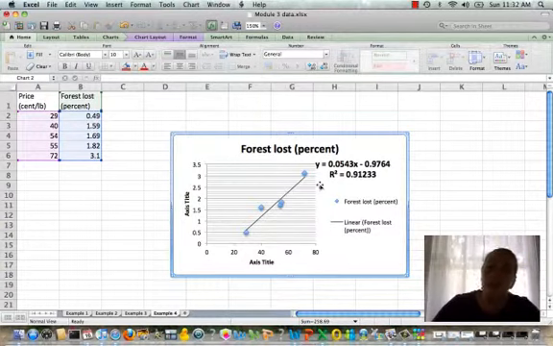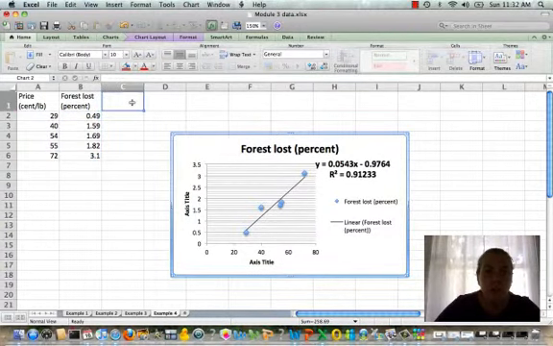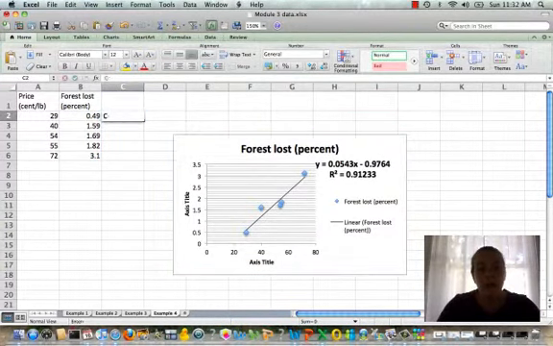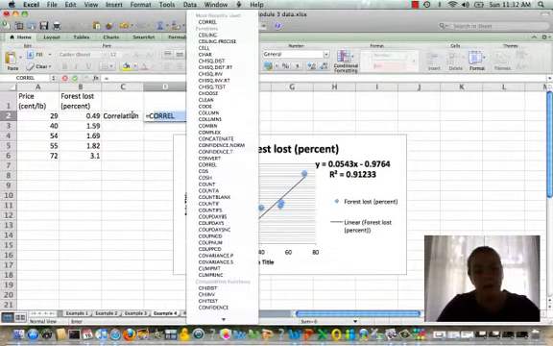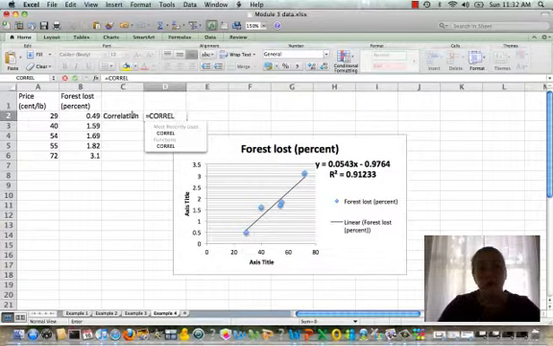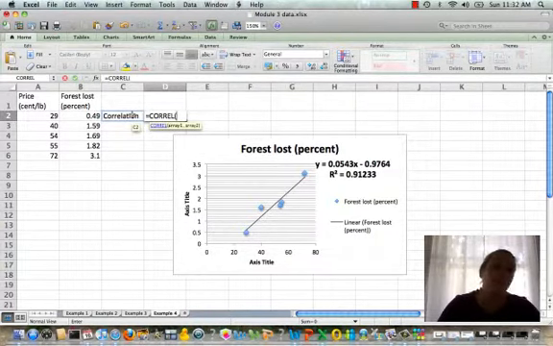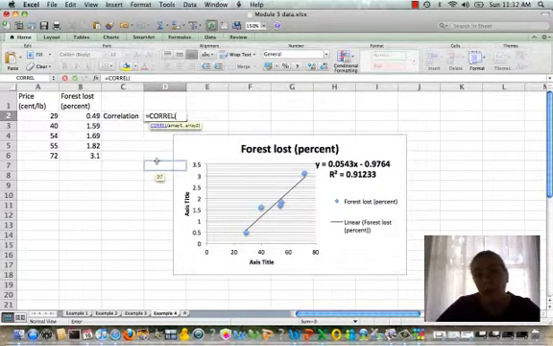So remember, you can take the square root of the r squared to find the correlation, or if you want to go ahead and use an equation, we can say this equals and use the CORREL function. And then in parentheses, see where it's telling us to put array 1 and then array 2. Array 1 is going to be A2 to A6, so you can actually click and do it.